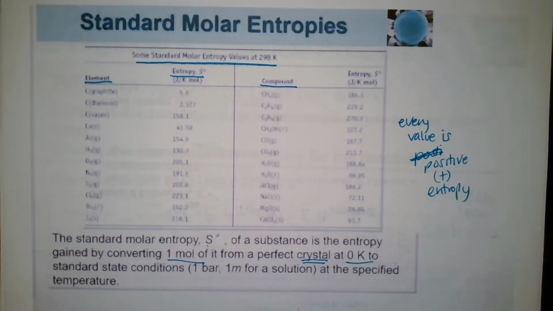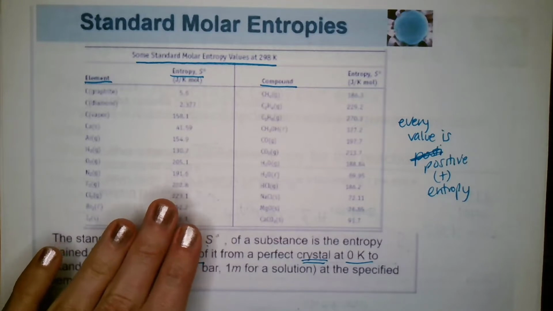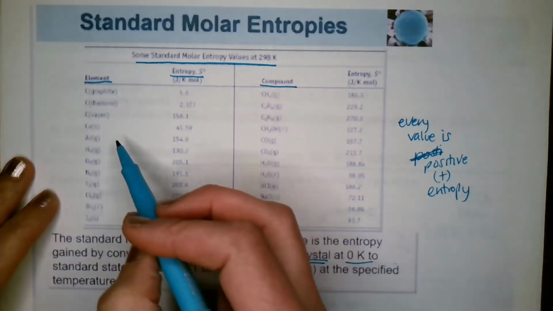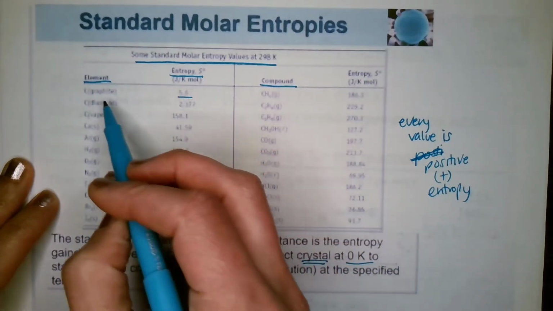That's its assigned value. It's not just change; it has to warm up, so it's going to be a positive value. It will gain kinetic energy through thermal energy and vibrations and so forth. So entropy values are always written as positive values here.